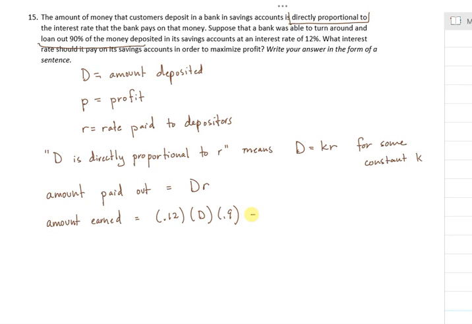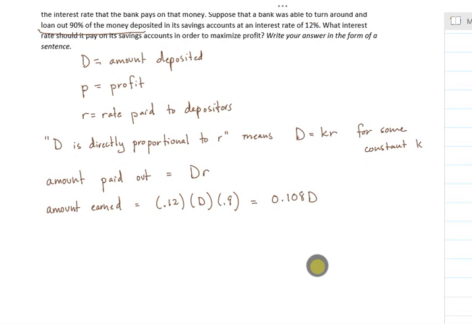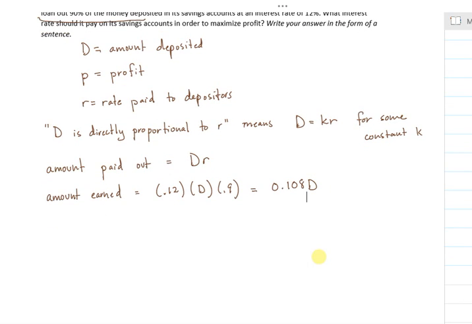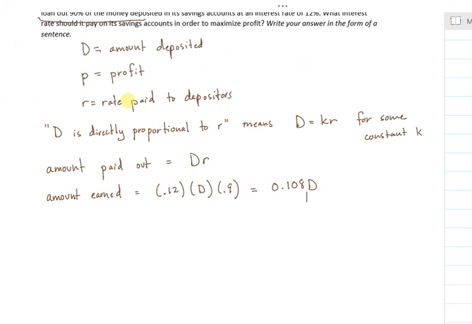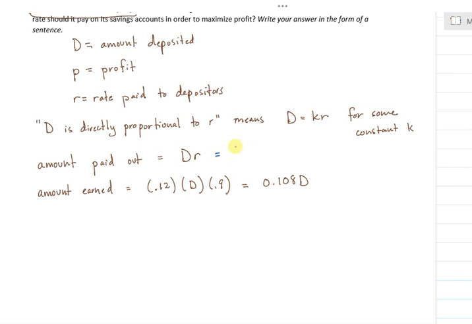So that turns out to be 0.108 D. Now I've already got D in terms of my rate, so I'm going to rewrite both of these functions. This is KR times R, which is KR squared. And this is 0.108 times KR.